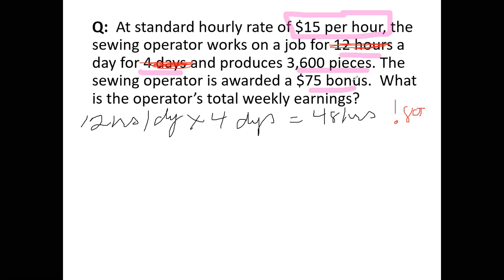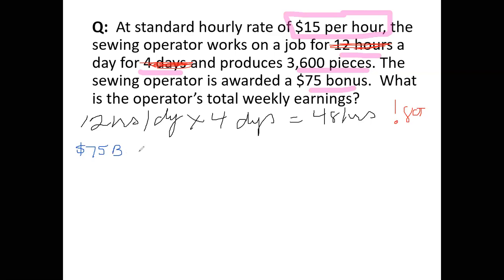So here we think this person is making $15 an hour. They're not. We have to consider the bonus. So this sewing operator has been awarded a $75 bonus. But kind of like calculating, how much is your total pay if you are, let's say, serving tables? You're getting paid hourly, but then you also want to calculate, my commissions. What is really your hourly worth?